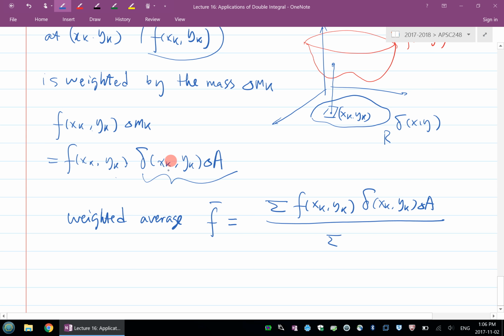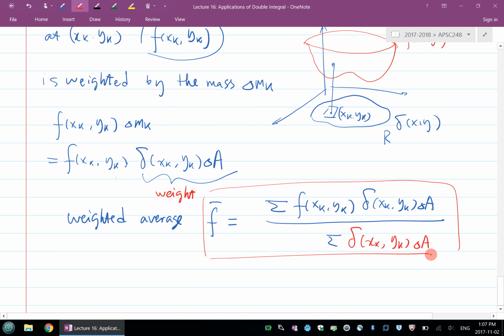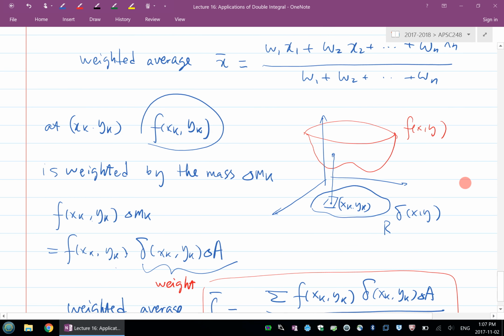This is the weight here. You add all the weights up, and then you get this weighted average. If you compare this formula with the earlier formula, it's the same thing.